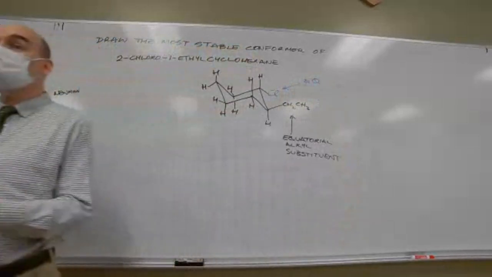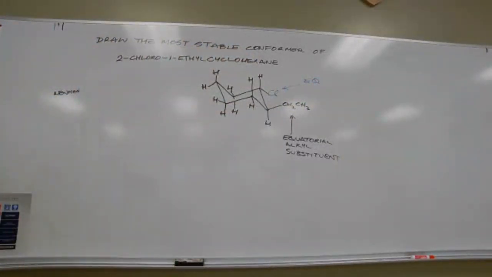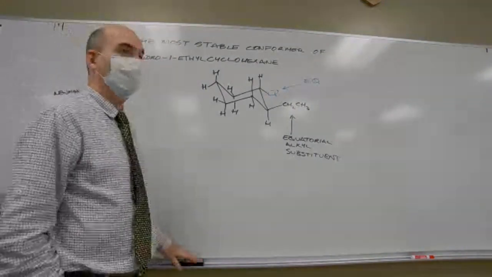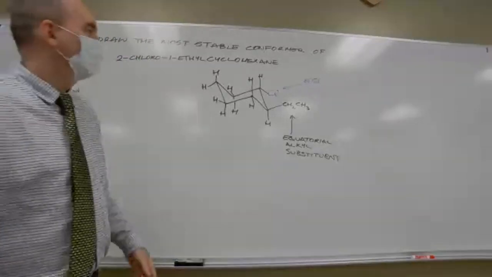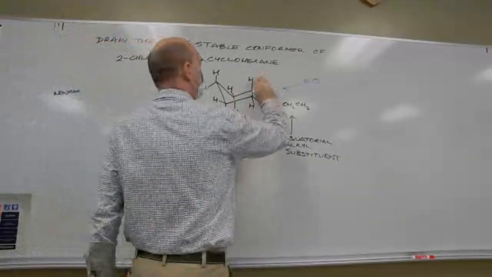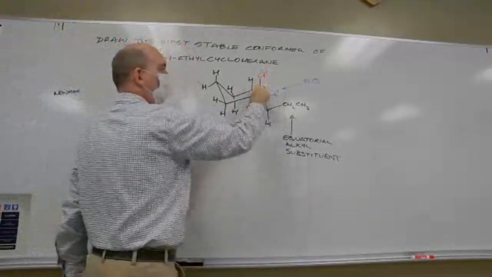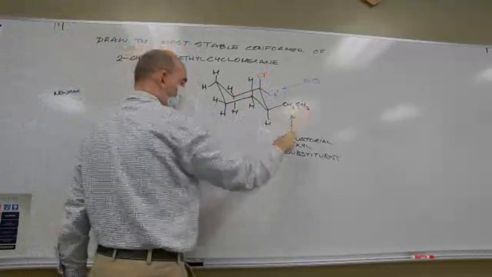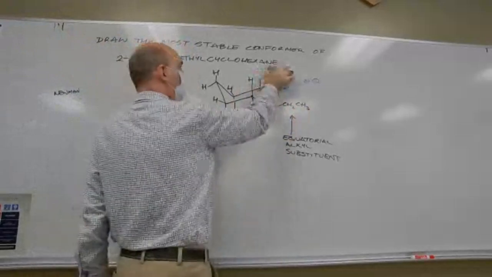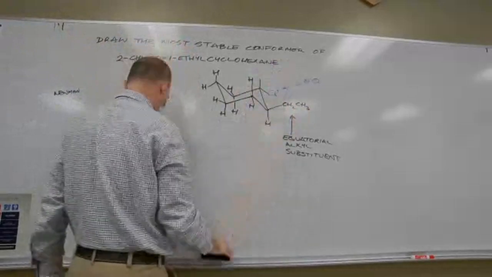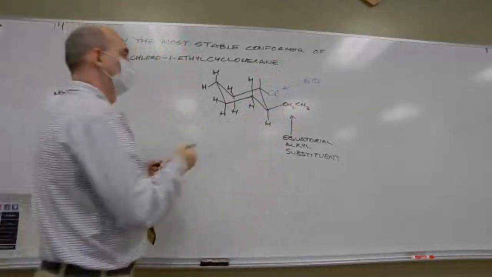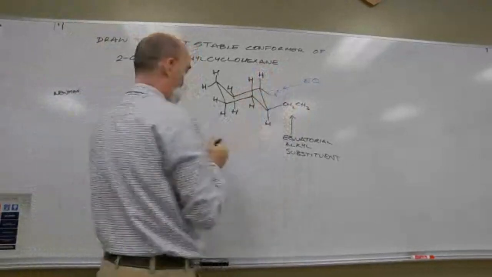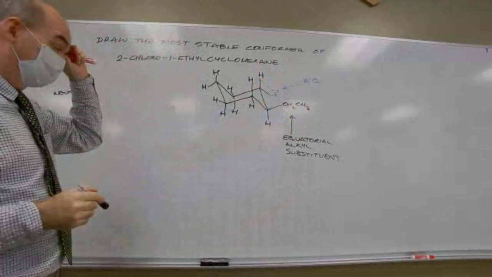And I get both substituents being equatorial. That's the best answer. If I put the chlorine up here, that chlorine would be axial, and the ethyl would be equatorial. Well, that's only half good.